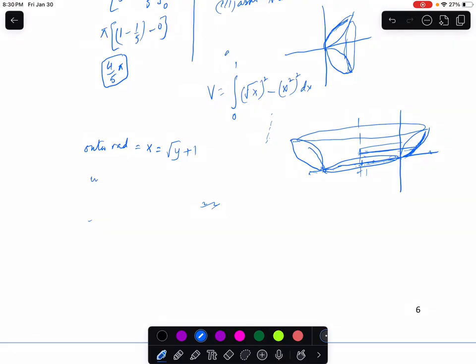And the inner is again x, but it is x square plus 1, y square plus 1. So that volume will be pi integral 0 to 1 outer radius. So square root of y plus 1 whole squared minus y squared plus 1 whole squared dy.